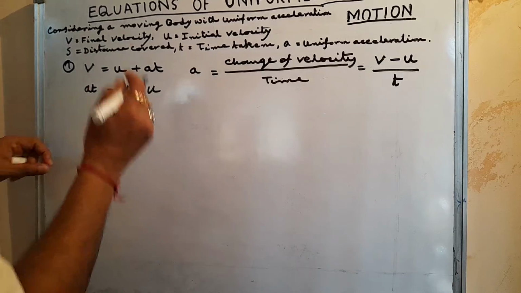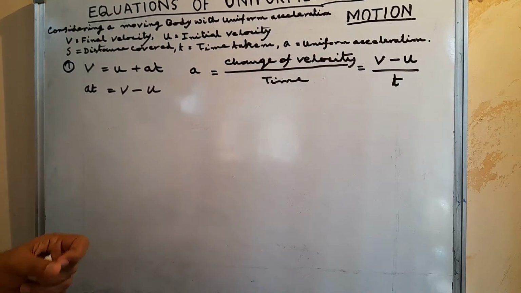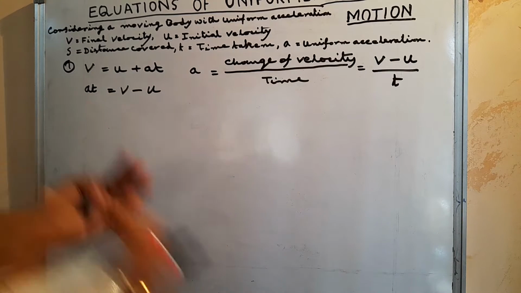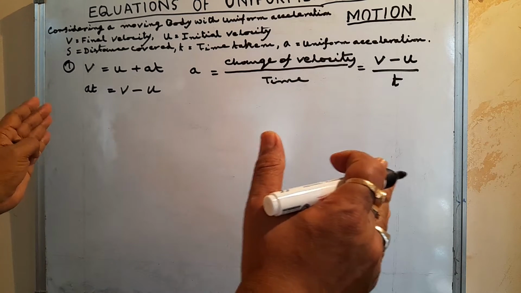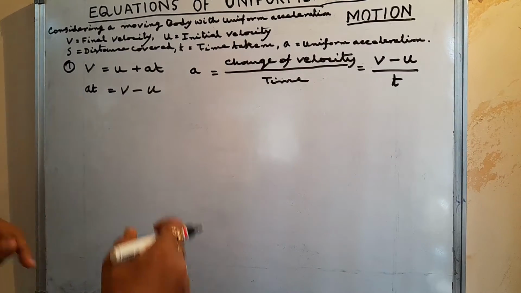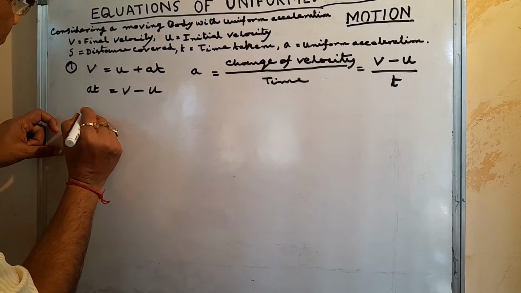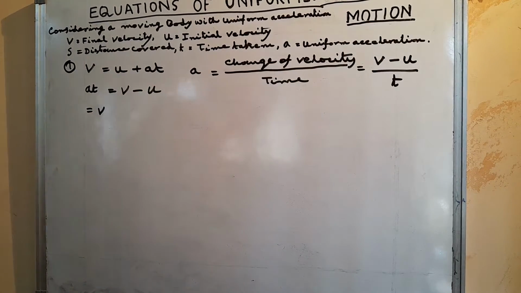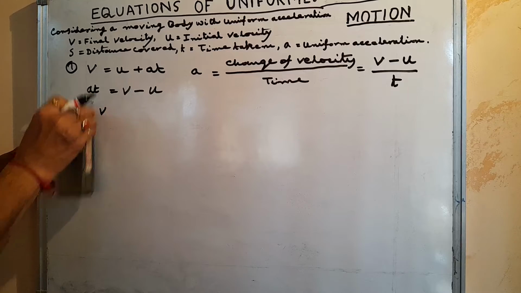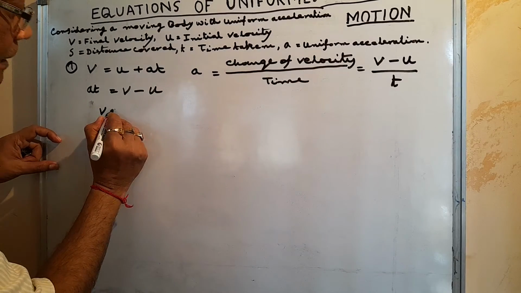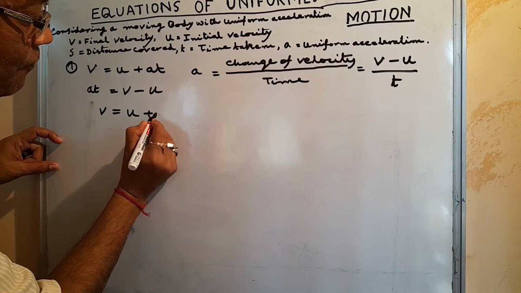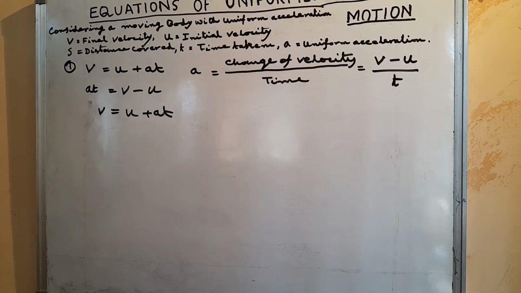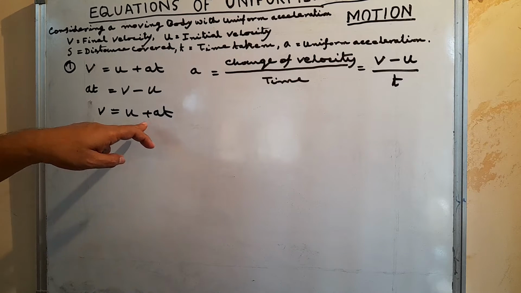So when a body is moving with uniform acceleration a, initial velocity u and final velocity v, and covering the distance s in time t, we write v equal to u plus at.